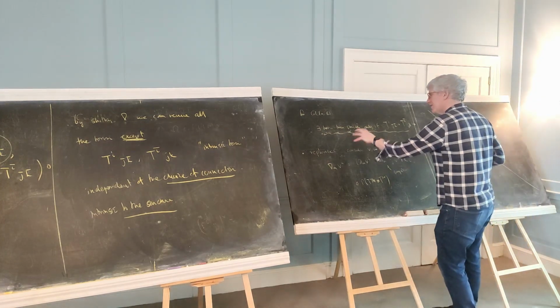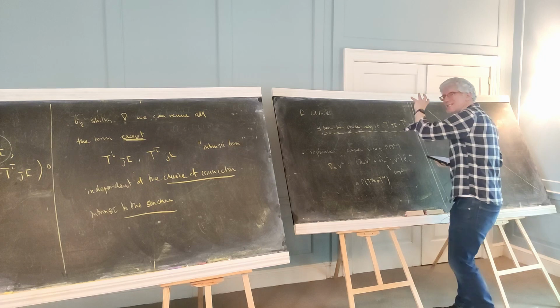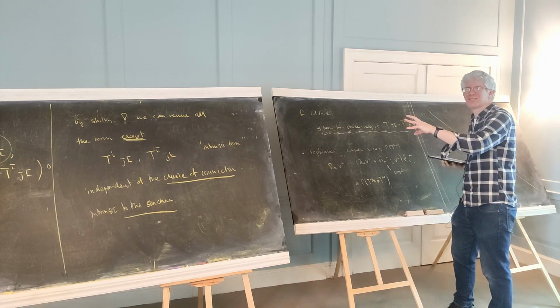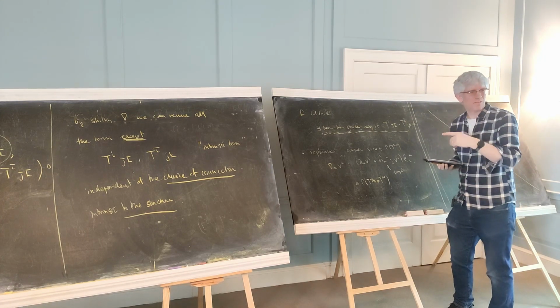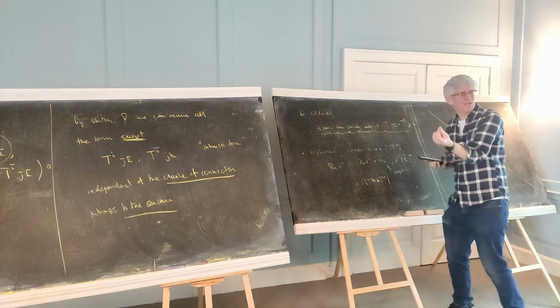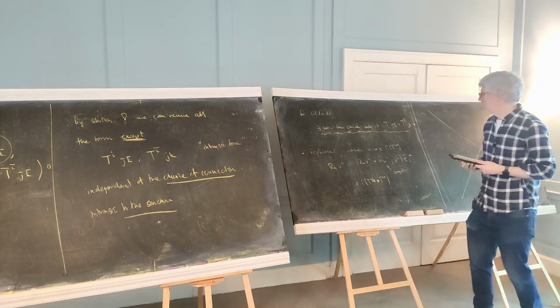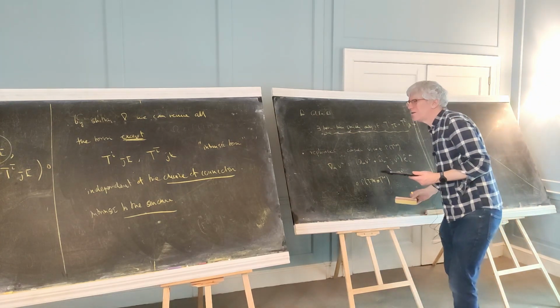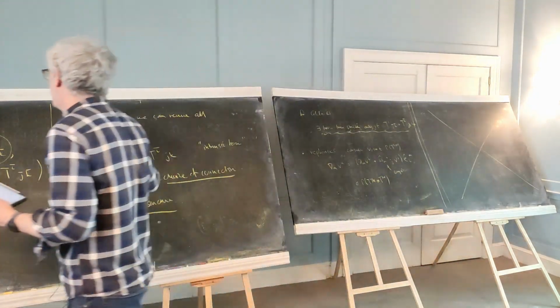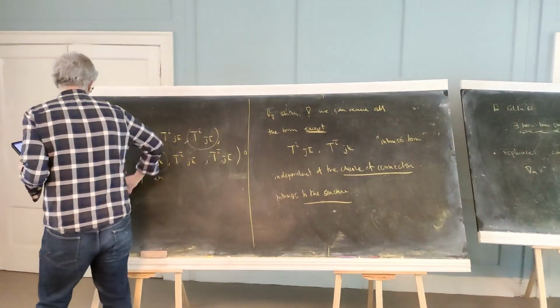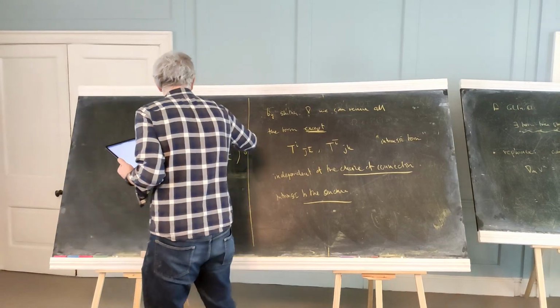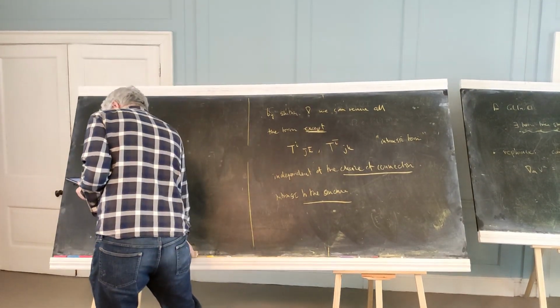When you take derivatives in some G representation, they stay in that G representation because the connection's compatible. It can't rotate it into something outside that representation.